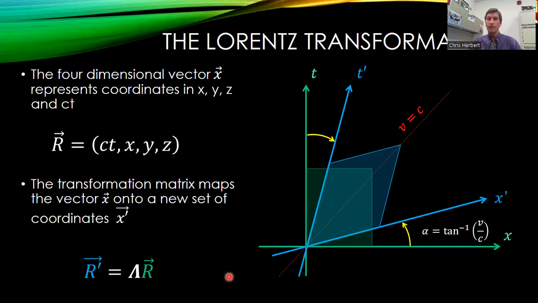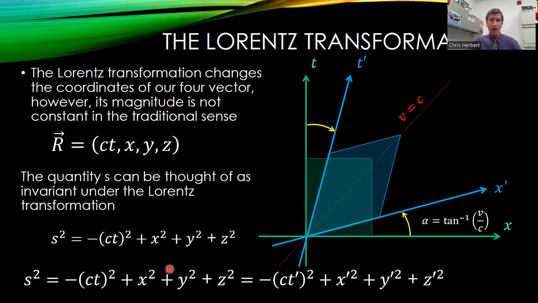But again, when we do this transformation, although it isn't a circular rotation in the traditional sense that we have with a 3-dimensional vector, there is this quantity s which is invariant.